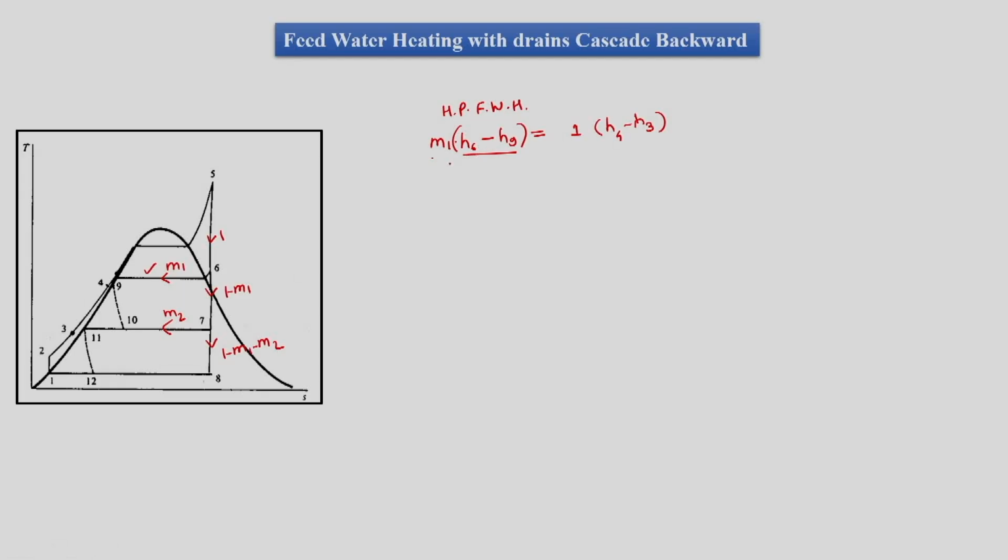For m2 it is a little tricky, since we can mention that m2 mass is losing its enthalpy from H7 to H11, but we also have m1 mass in enthalpy H10, which is decreasing to H11, but these two enthalpy decrements are used to heat the water of unit mass from H2 to H3.